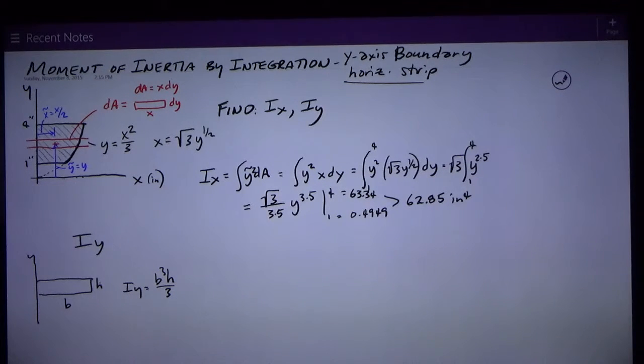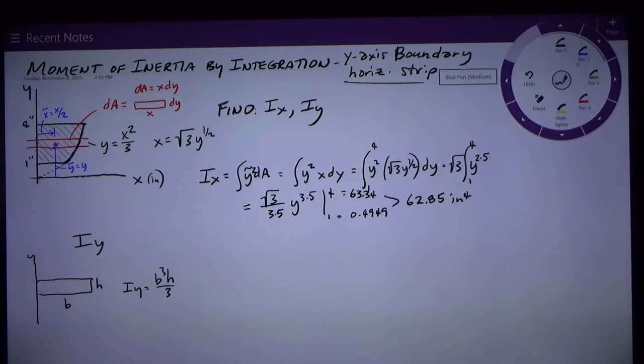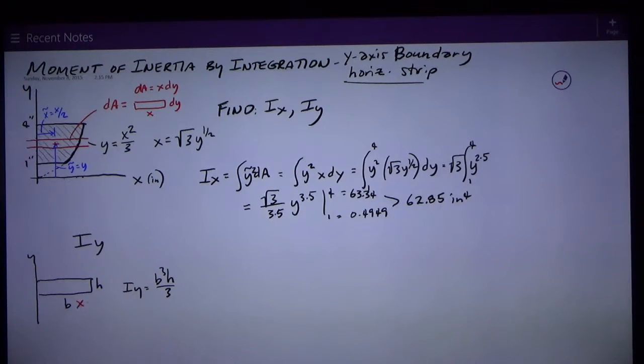So in our case, that little rectangle is actually the differential element dA, and so b is equal to x and h is equal to dy.